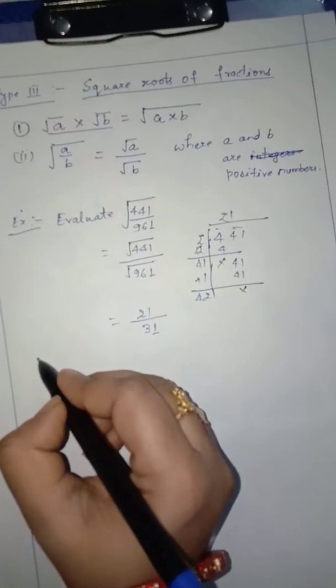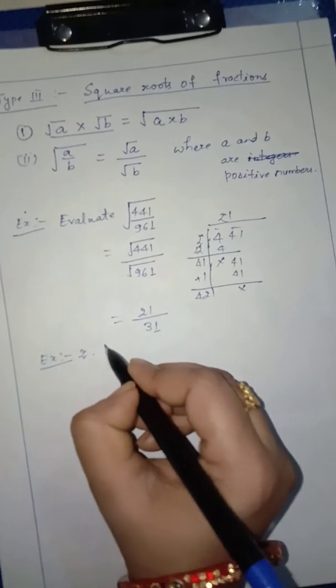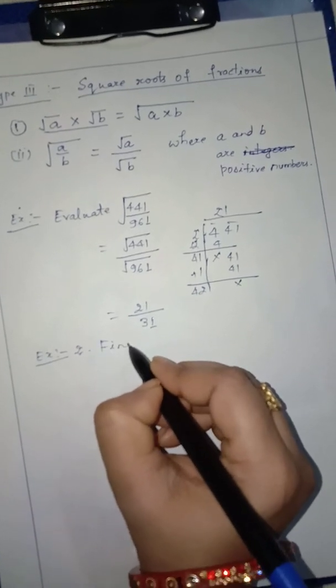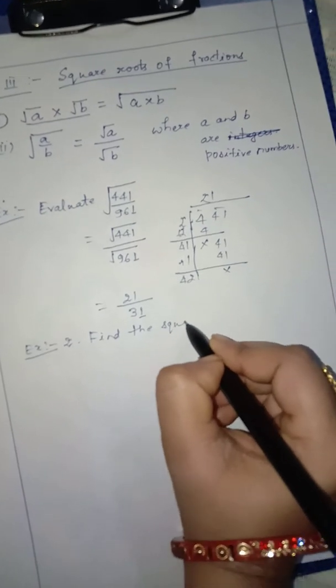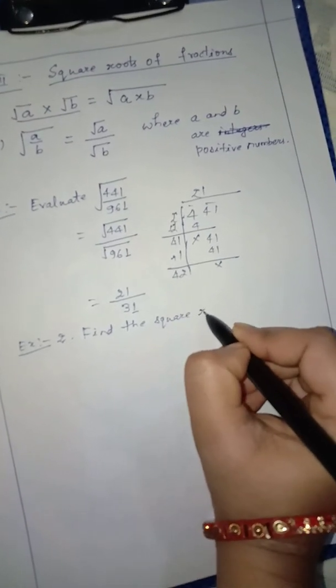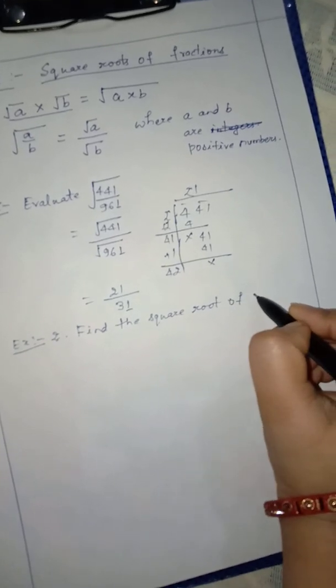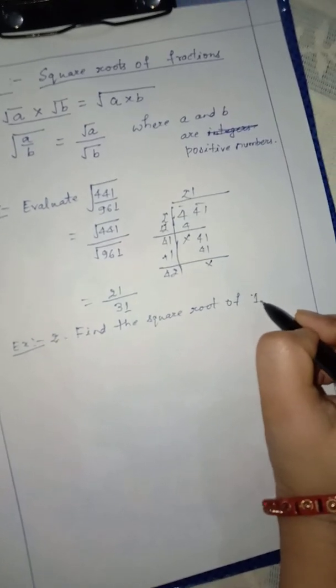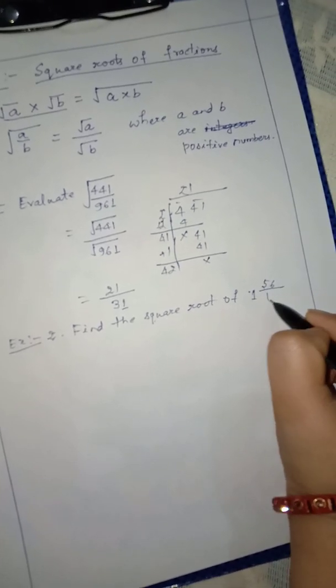Now the next example, number 2: find the square root of 1 whole 56 by 169.